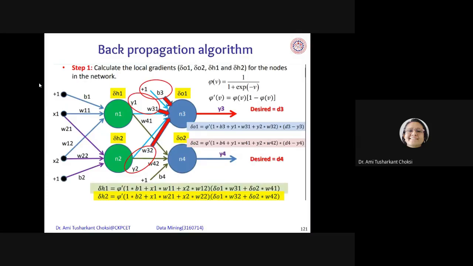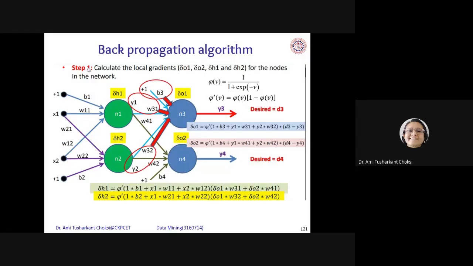So, let's see the back propagation algorithm. What is that? Step 1 is to calculate the local gradients delta O1, delta O2, delta H1 and delta H2 for the nodes in the network.